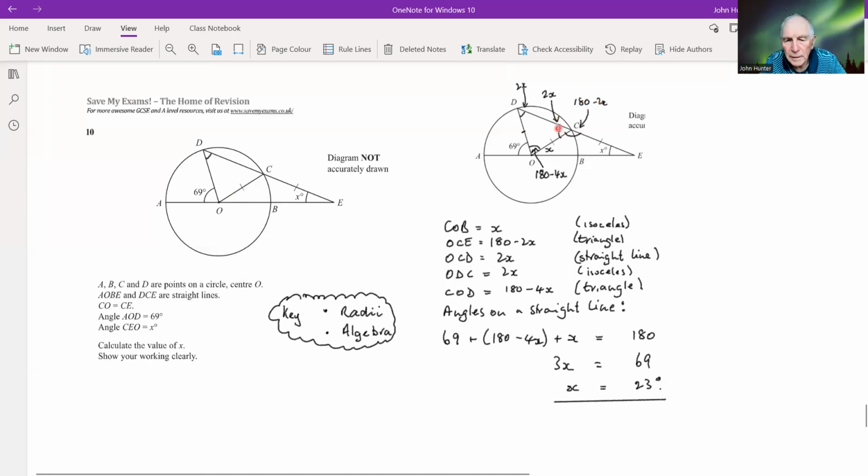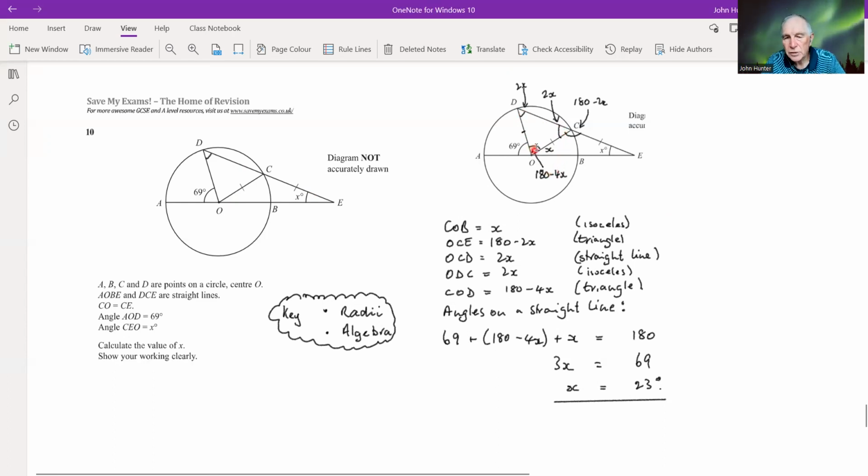Right, so the next bit is perhaps a little bit obscure, but what we've got to note is that these two, OD and OC, are both radii. So this is an isosceles triangle. So therefore, the value of this angle D here is the same as this one. So these are both 2X.